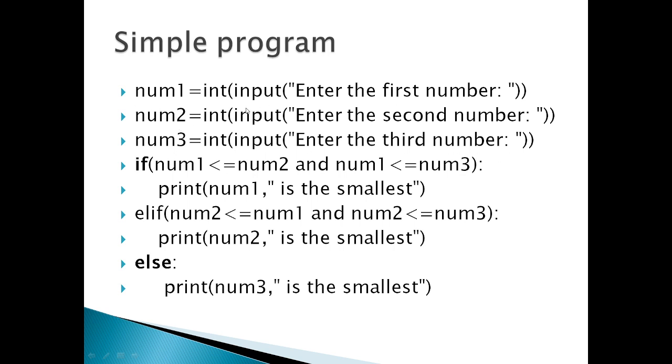If number 1 is less than or equal to number 2 and number 1 is less than or equal to number 3, so अगर 10 छोटा है 20 से और 10 छोटा है 30 से भी, the answer will be print number 1 is the smallest.